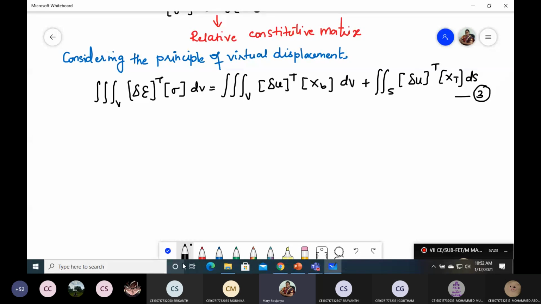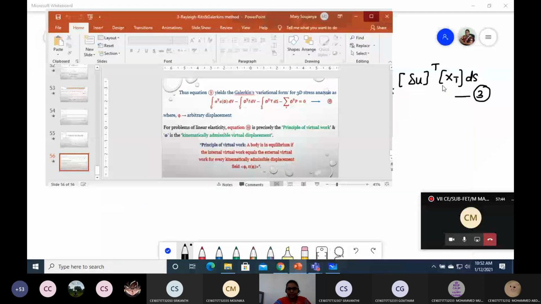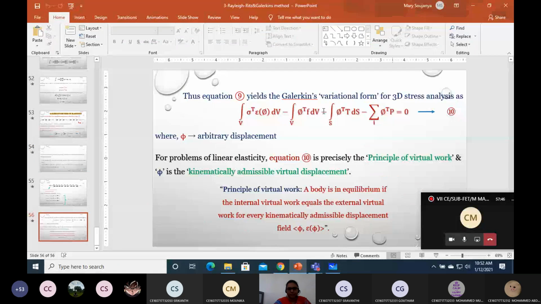So in Galerkin's method, look into the end equation when it is about the elastic problems. You'll find the equation there. Look here. Remember this equation? Equation number 10 in Galerkin's variational form of 3D stress analysis.